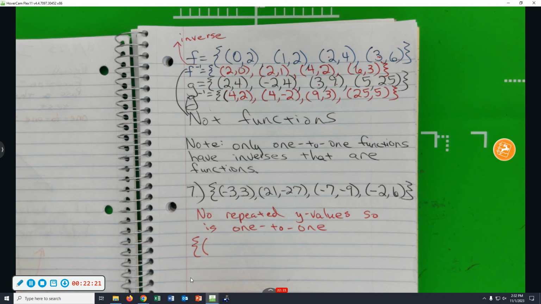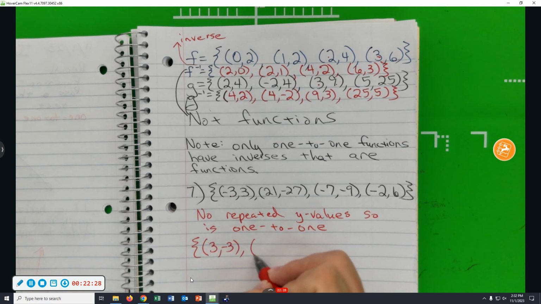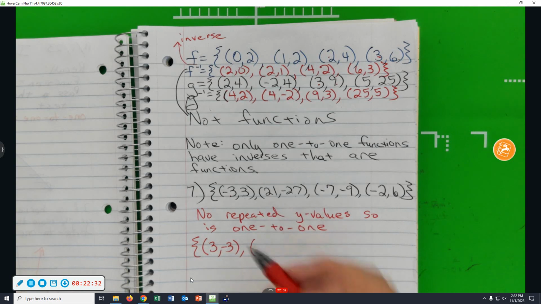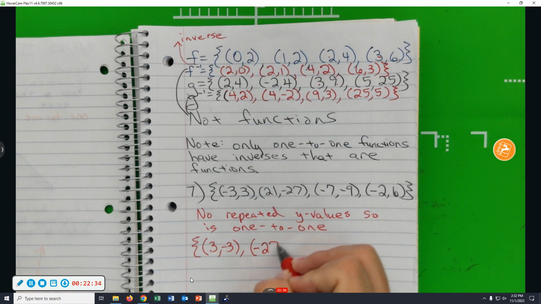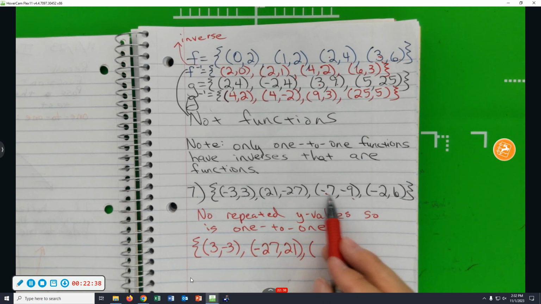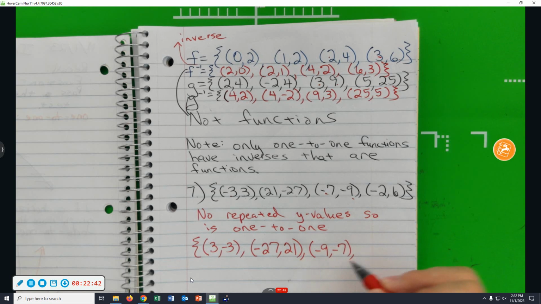-3, 3 becomes 3, -3, okay. 21, -27 becomes -27, 21. Reverse the third ordered pair: -9, -7.